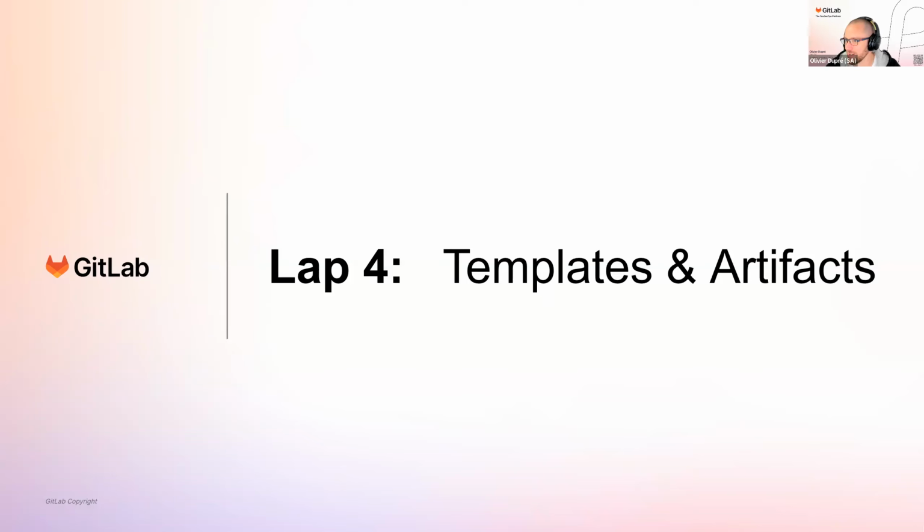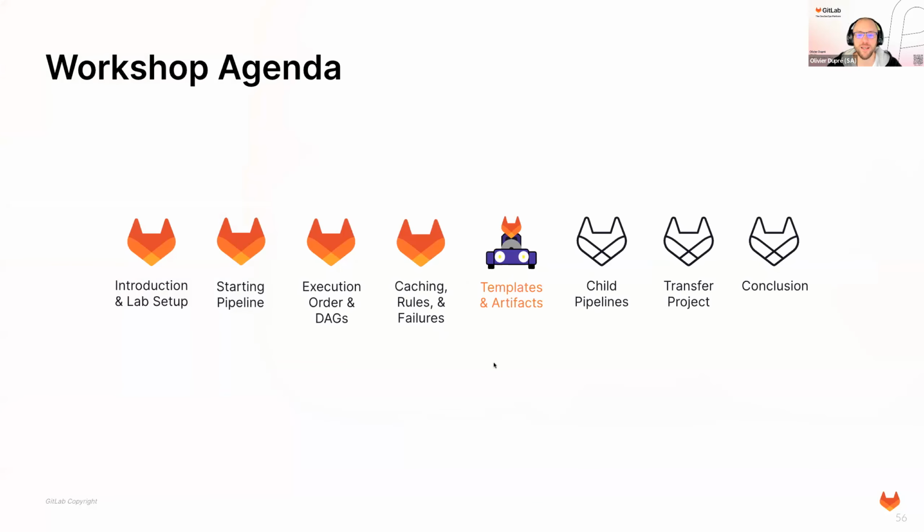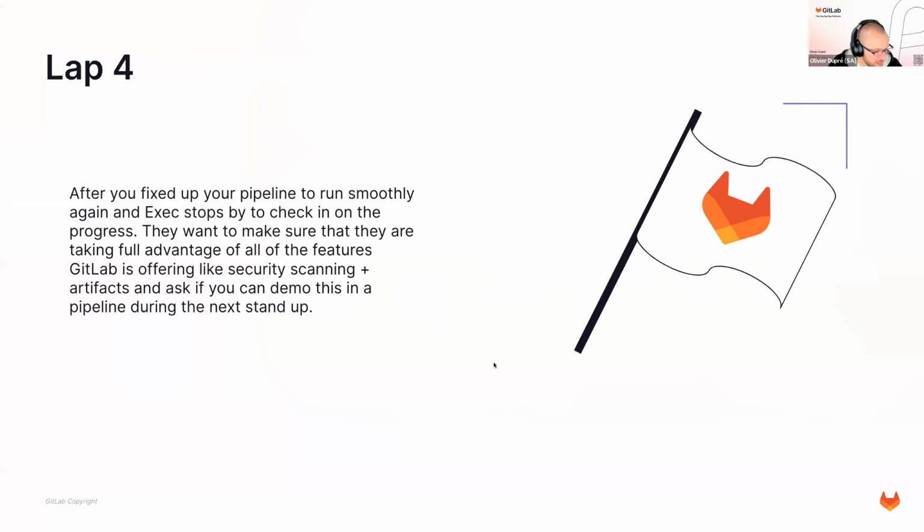All right. Templates and artifacts. So obviously our execs are very happy with what they have seen so far with the pipeline that you have implemented, and the race is going very smoothly. But we are reaching a point where we figure out that security has been forgotten so far, and that seems to be a problem.